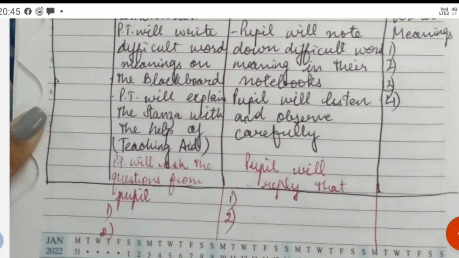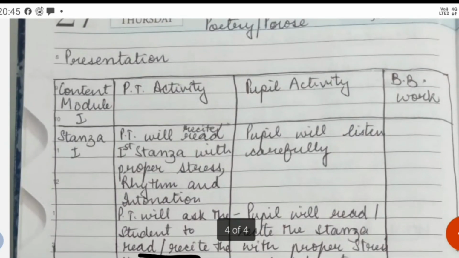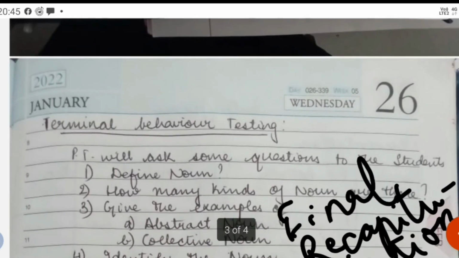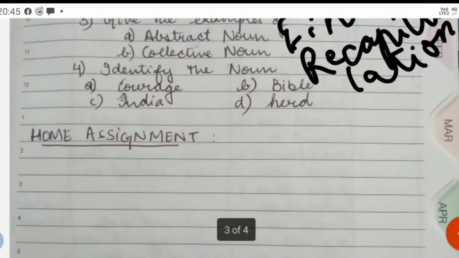She is listening to what the explanation is and the pupil is observing carefully the teaching aid, right? अब यहाँ पर लास्ट में क्या आएगा, PT will ask question from the pupil। क्वेश्चन जो स्टांजा पढ़ाया है उसके कंटेक्स्ट में क्वेश्चन पूछेगा एंड pupil will reply that। उसके आंसर्स जो है वो यहाँ पर आ जाएंगे, राइट। So this is the way how you are going to attempt the prose and poetry section, and then after making all the modules, then terminal behavior testing and the home assignment.